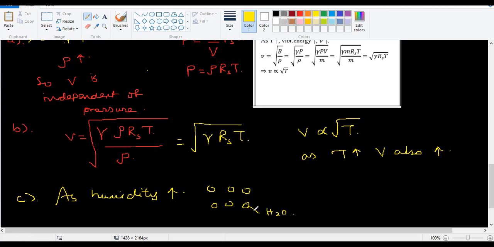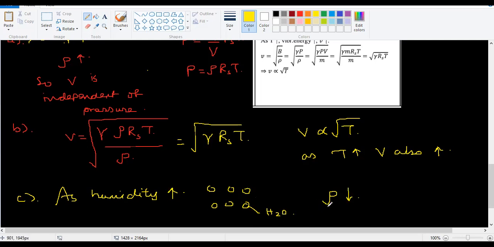So if that is the case, the humidity increases. So if the humidity increases, the density decreases, because some of the molecules have been replaced with water molecules.